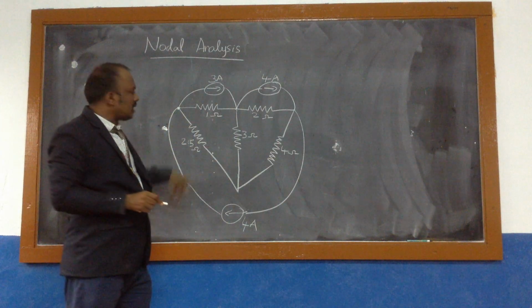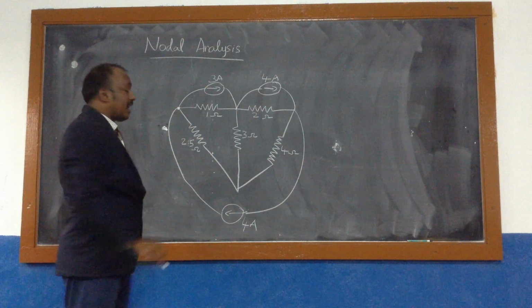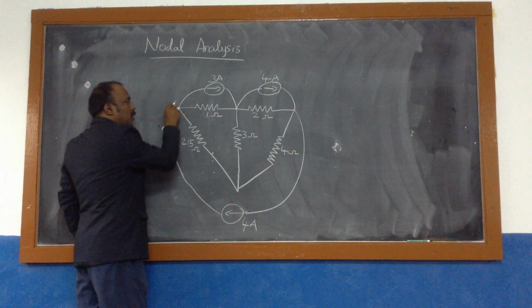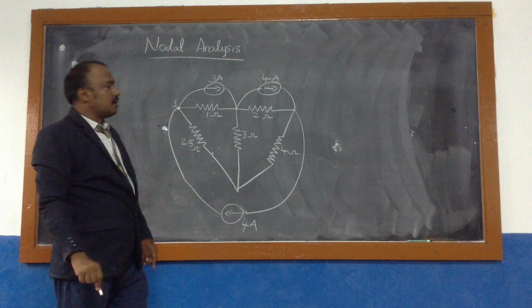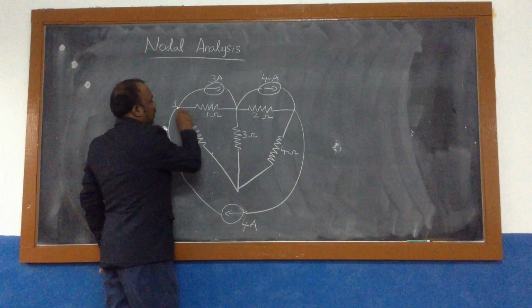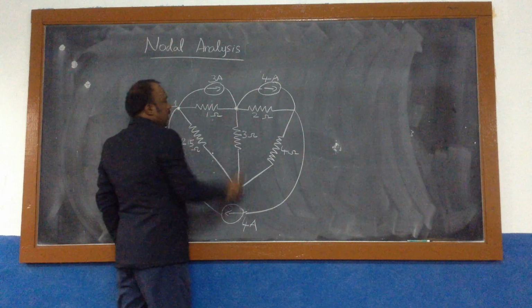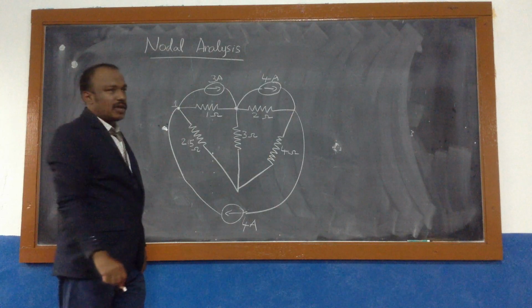How many branches are connected? 1, 2. Totally 2 branches are connected, so it can be considered as a node. So I am considering this as a node, and I am going to name this as node number 1 as discussed. Similarly, come to the next meeting point. This is a meeting junction. Then how many branches are connected to that node?